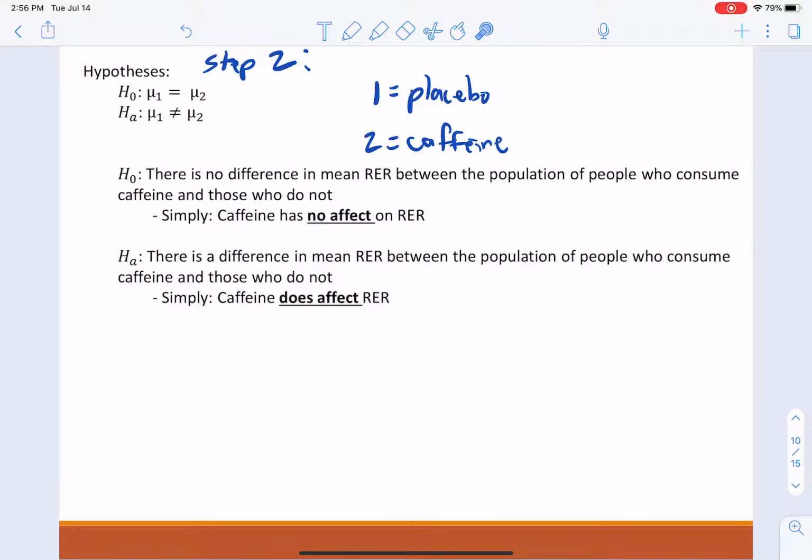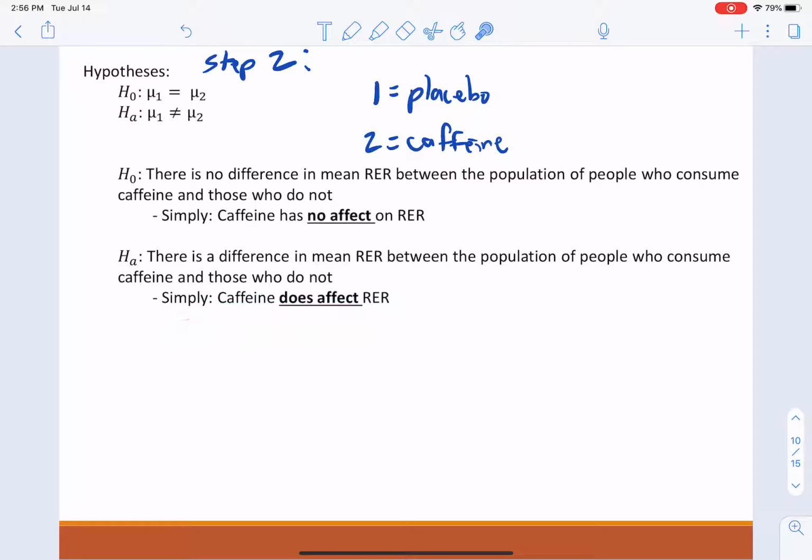Our alternative hypothesis, however, is the opposite: caffeine does have an effect. We're looking at caffeine as sort of the medium of the effect. Okay, so that's the idea.